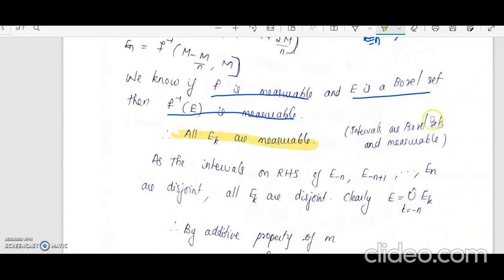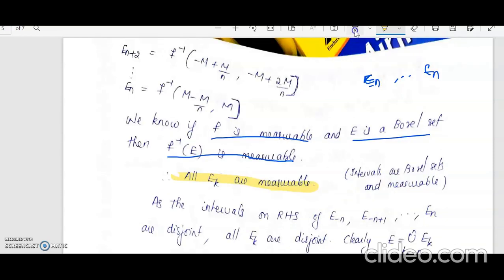Now E can be written as, so here, E minus n plus 1 to En. So all are disjoint and E can be written as the union over k equal to 1 to n of Ek. E is the set where the function is actually defined. Now by Ek we mean we are finding the set of all x belonging to E such that f lies in that particular interval. We have divided the interval minus m to m.